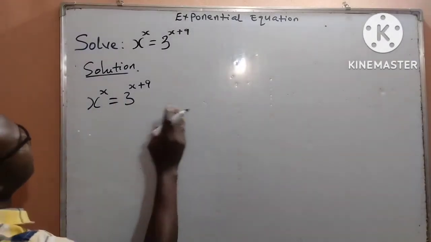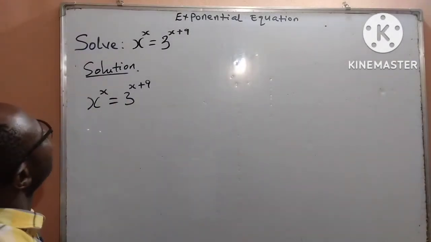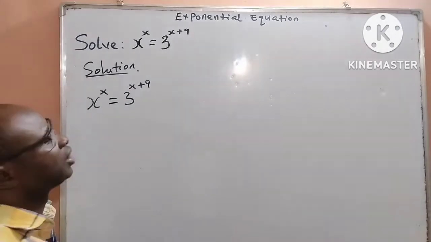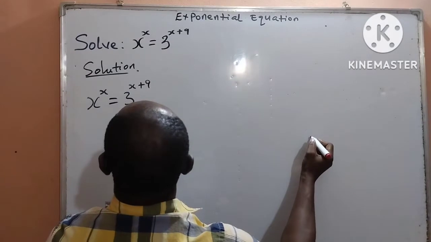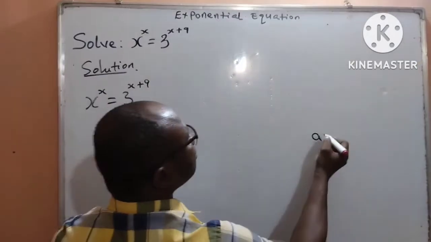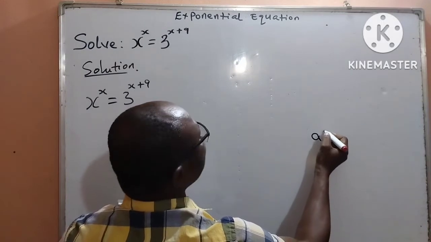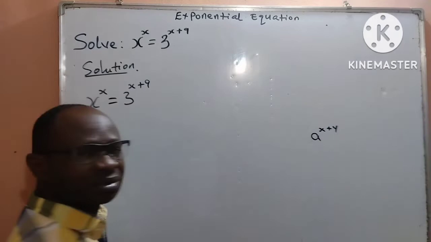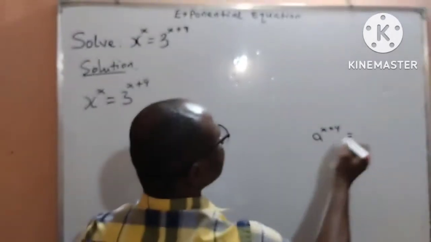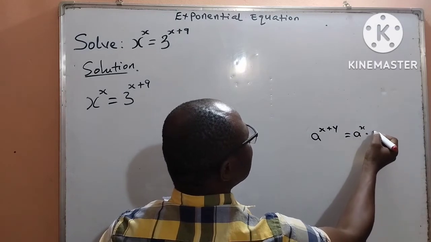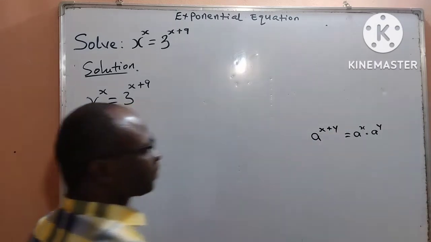I want to start from the right hand side, and I want to apply the multiplication law of indices that says if I have a to the power of x plus y, it is equal to a to the power of x multiplied by a to the power of y.